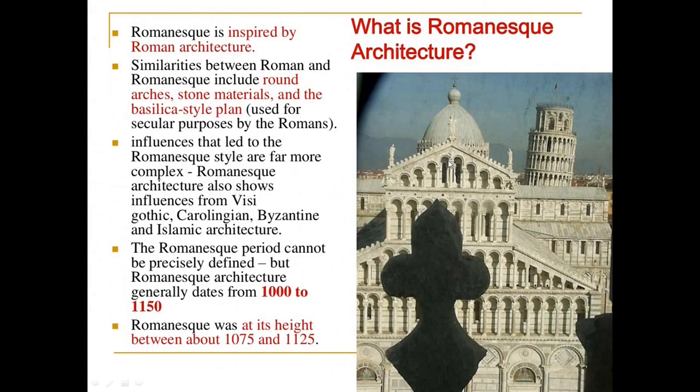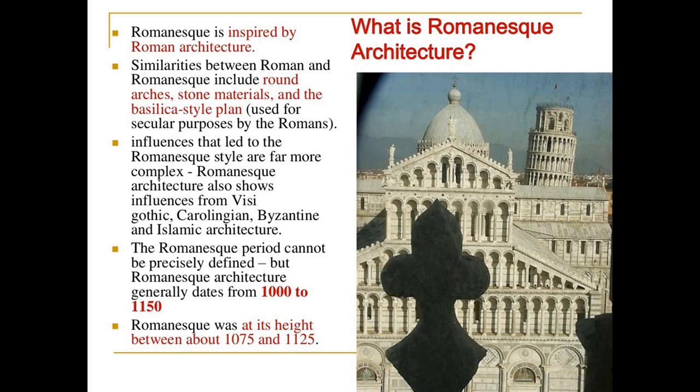So what is Romanesque architecture in general? We should underline again that Romanesque architecture was inspired by Roman architecture. There are some typical elements that were very widespread in ancient Roman times, such as the semicircular arch. First of all, it is even called the Roman type of arch.